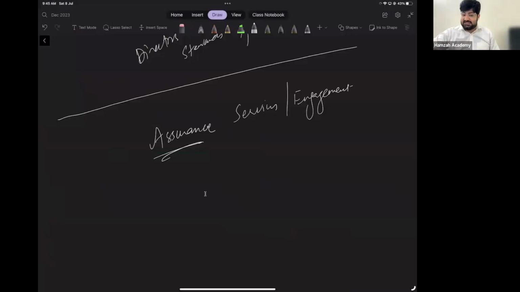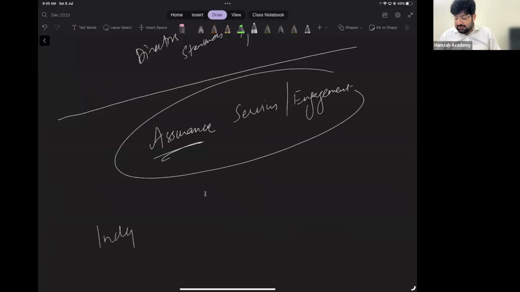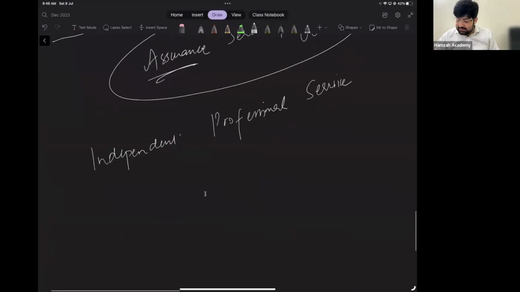So assurance is basically independent professional service. It is independent professional service, right?